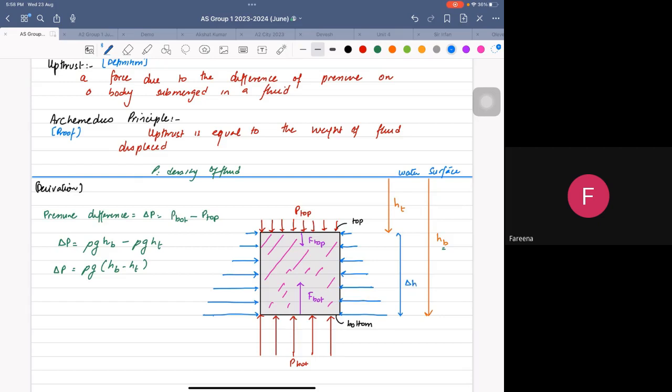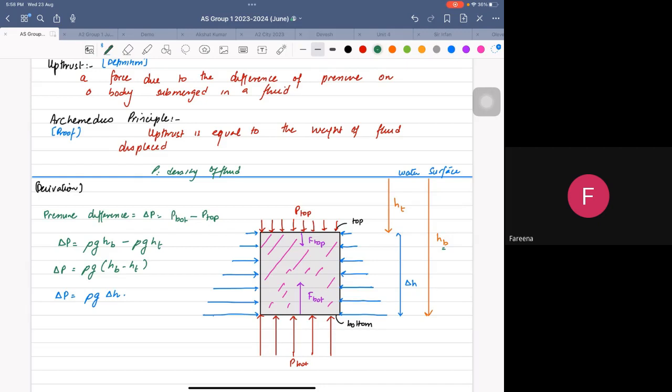Do you get it? That is the length of the object. So we can say the pressure difference depends on rho g delta H. Can I write it like this then? Yes. Okay, very good.